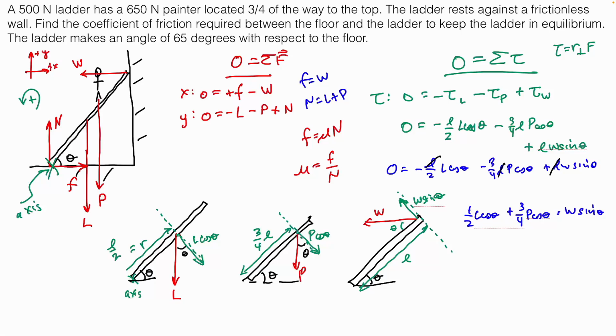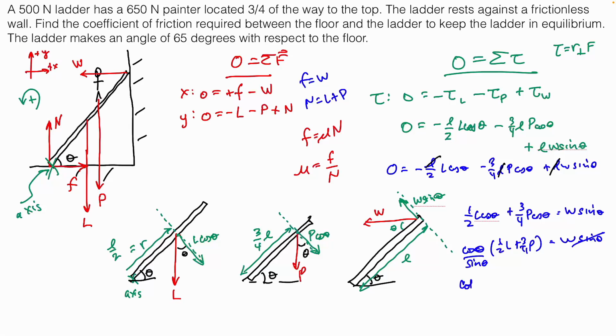So what am I going to do to both sides? Well, I think I'm going to factor out a cosine theta first. 1/2 L plus 3/4 P. And then that's equal to W sine theta. And now what do I do to get the W all by itself? I divide by sine theta. And then what's cosine divided by sine? It's cotangent, isn't it?